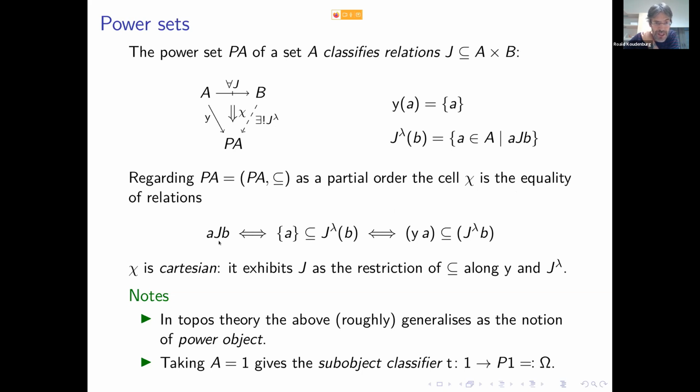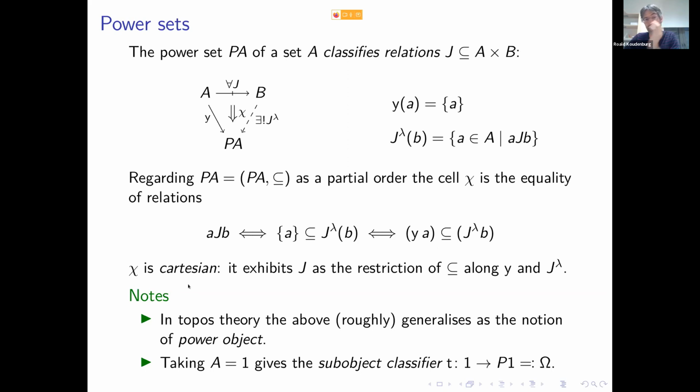So two elements a and b are related in J if and only if a is in the pre-image of b. And that's the same as singleton of a is a subset of this J lambda b, and that gives us this inclusion. So chi exhibits J as the restriction of this subset relation along Y on the left and along J lambda on the right.